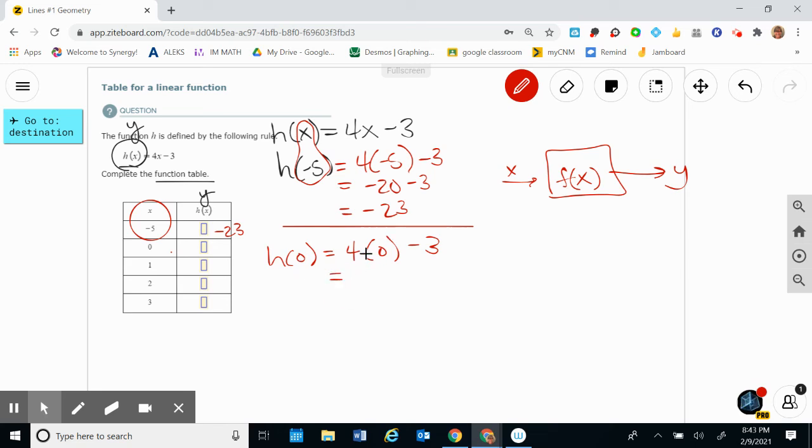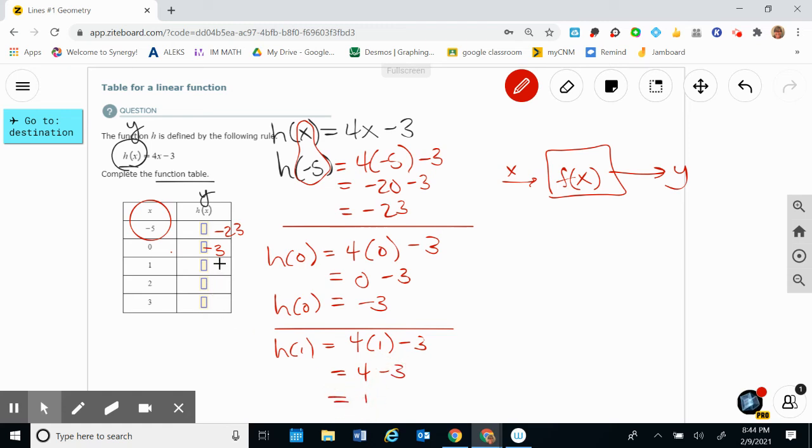That's what you do. 4 times 0 is 0, minus 3. 0 minus 3 is negative 3. So h of 0 equals negative 3. Then you're going to plug in 1. H of 1: 4 times 1 minus 3 is equal to 4 minus 3, or 1. Boom. I hope you get the idea.